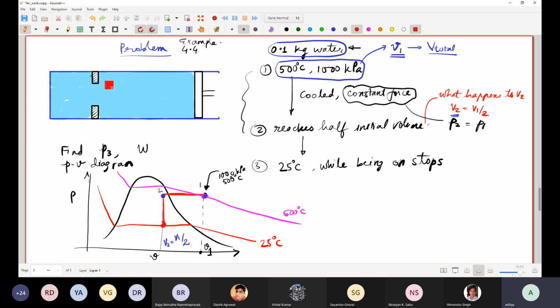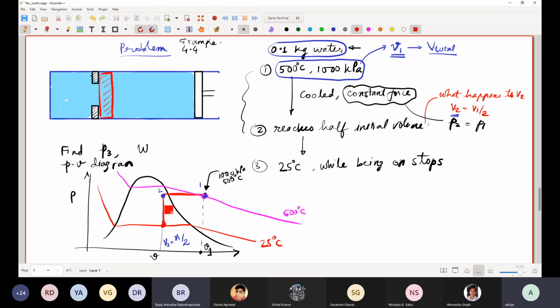And once the piston reaches this point, and you're taking it to a lower temperature, because there is no more movement of the piston, this is only the volume that you're playing with, the specific volume will remain constant. So that is why it's going to be a vertically straight line.